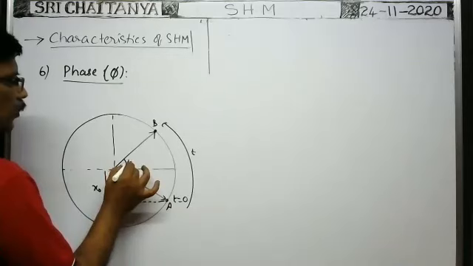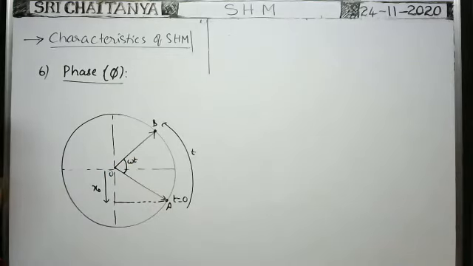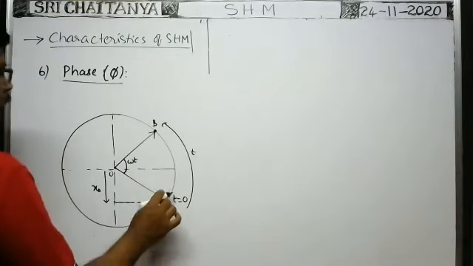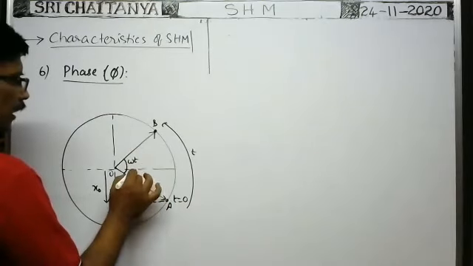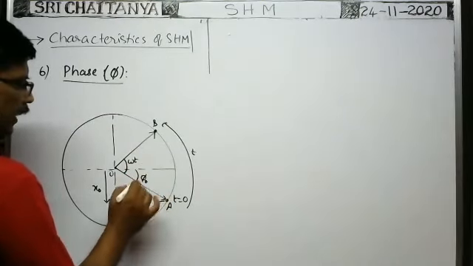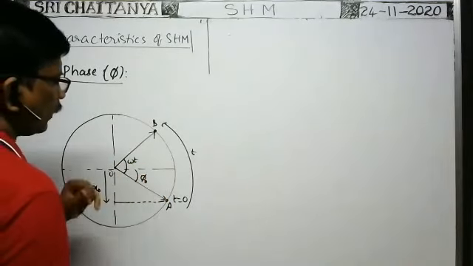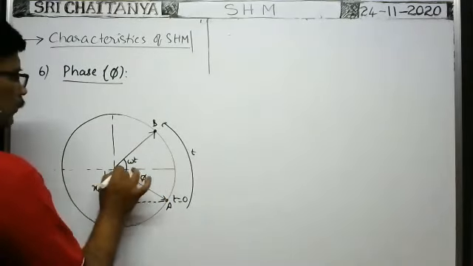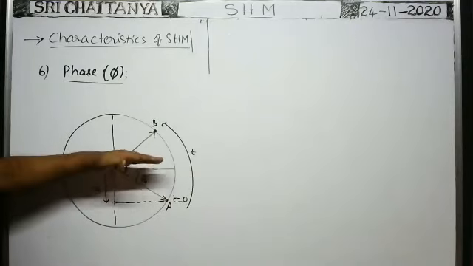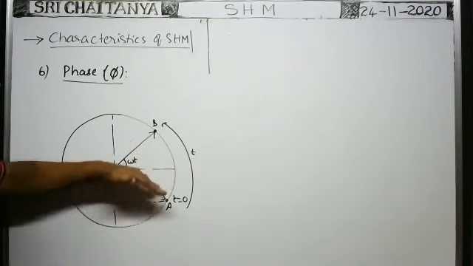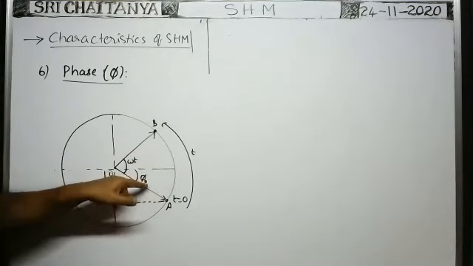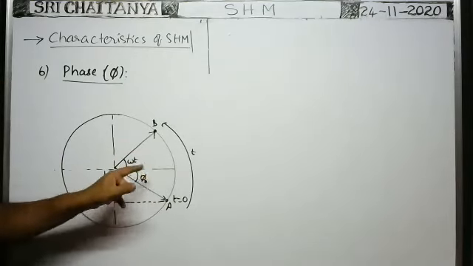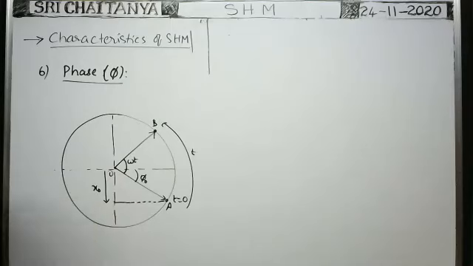This one, that is equal to omega into t. But at t is equal to 0, this particle already has some initial displacement in the downwards or negative direction, phi naught, because this is the reference line. From this horizontal line, at t is equal to 0, what is the angle made by the position of the particle with the x-axis? That is equal to phi naught. That is the initial angular displacement, also called the initial phase.